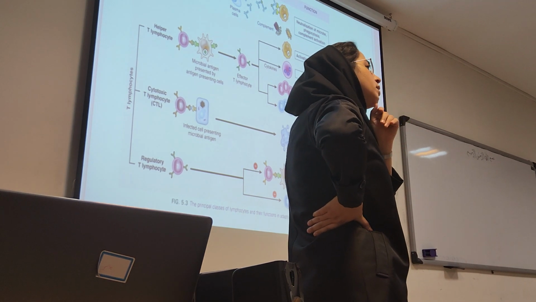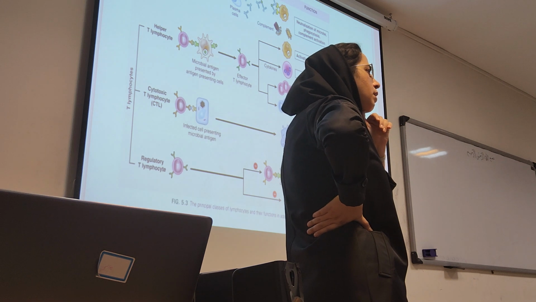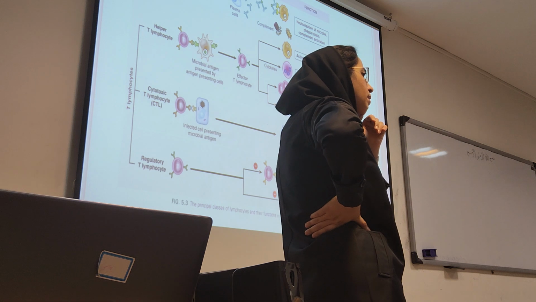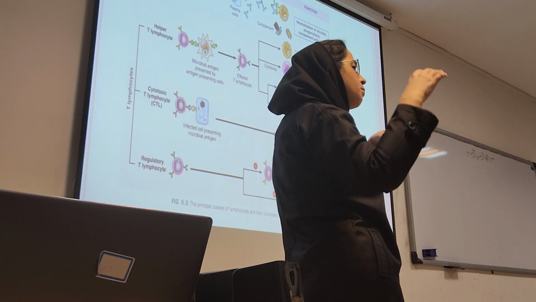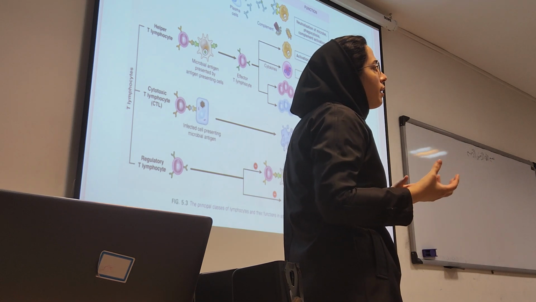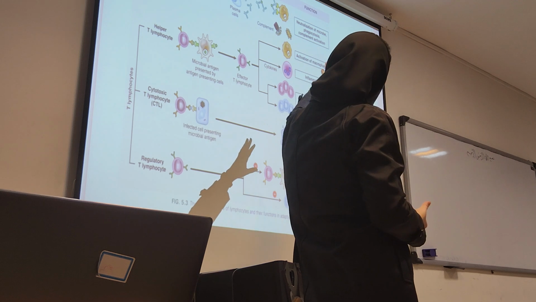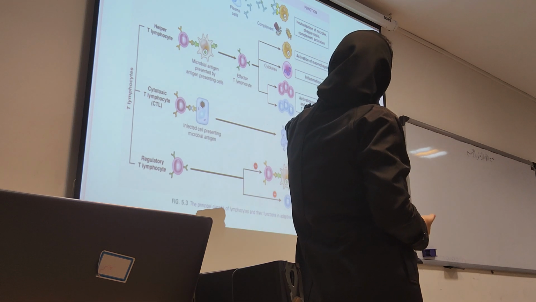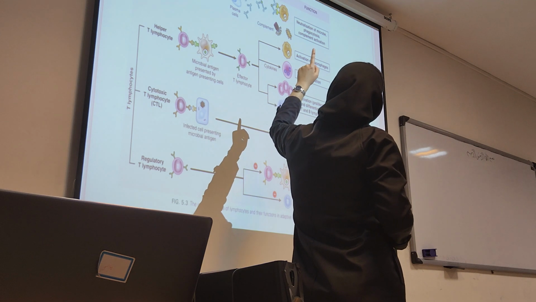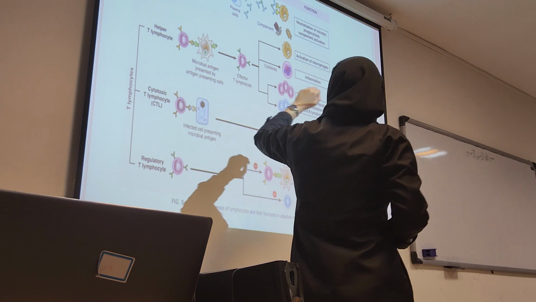What is the action of antibody that is important in phagocytosis? Opsonization. Do you remember opsonization? Attachment of some molecules to antigens, which makes the antigens delicious for the phagocytes. So antibodies are important in phagocytosis, and they activate the complement system, and that's why they also act against microorganisms.